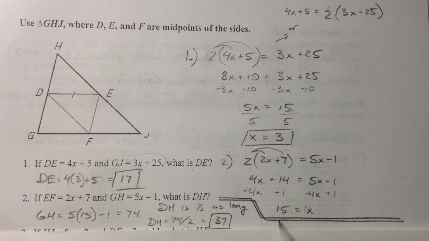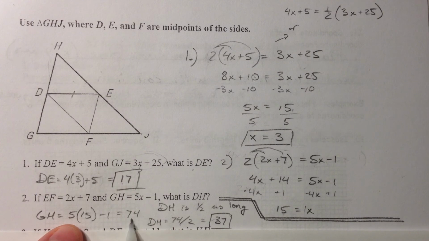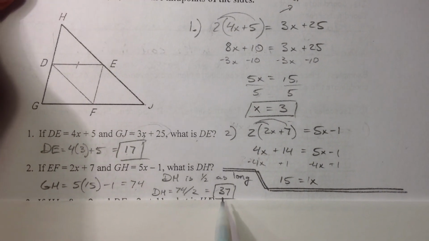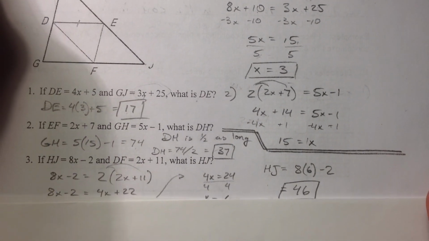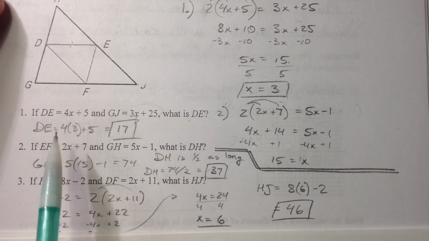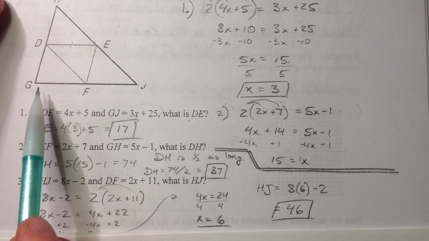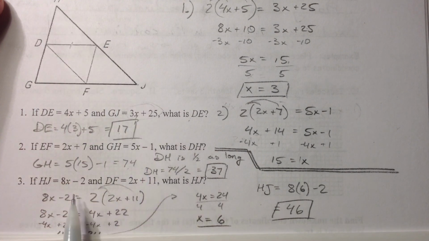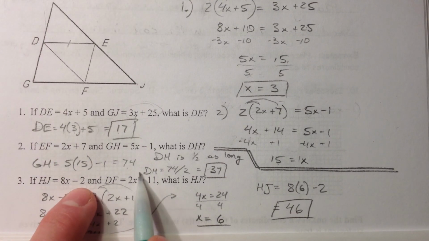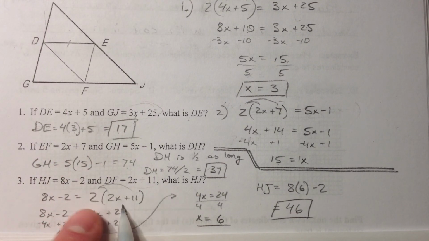So if you plug in 15, I plugged 15 into GH, so 5 times 15 minus 1 is 74, but I wanted to know DH, which is going to be half as long, so it's going to be 37. And then finally, we have HJ is 8x minus 2, DF is 2x plus 11, so you can say 2 times the short one equals the big one.